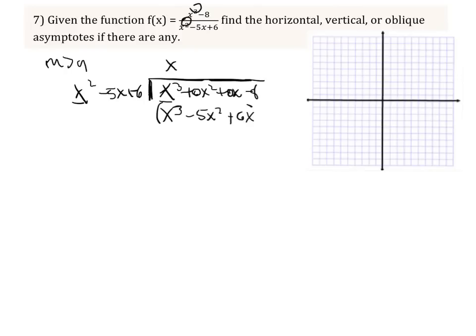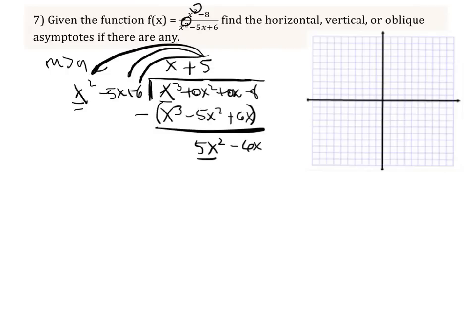And then we subtract all that. We get 5x squared minus 6x. 5x squared divided by x squared is plus 5. And when we multiply that 5 to each of these, we get 5x squared minus 25x plus 30.